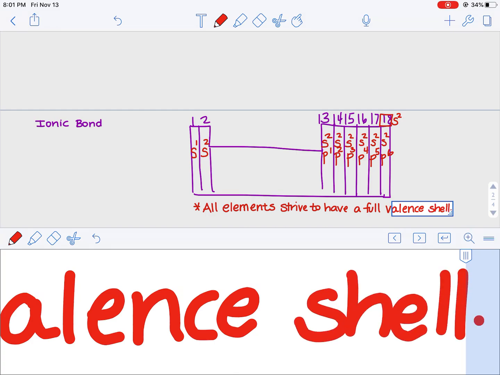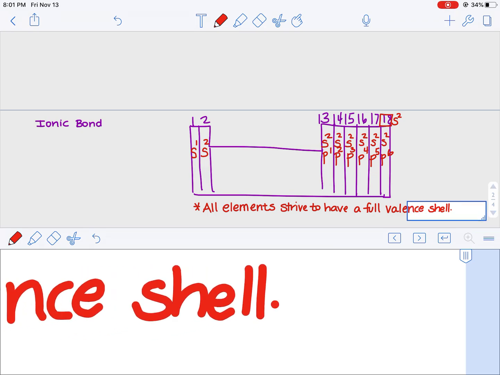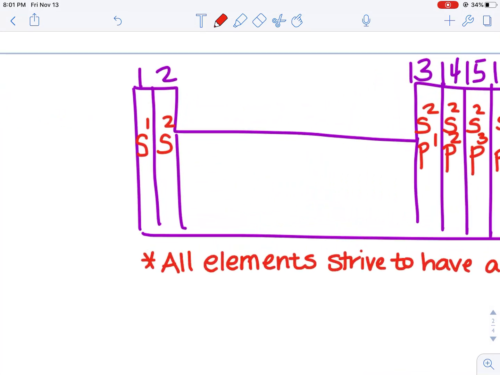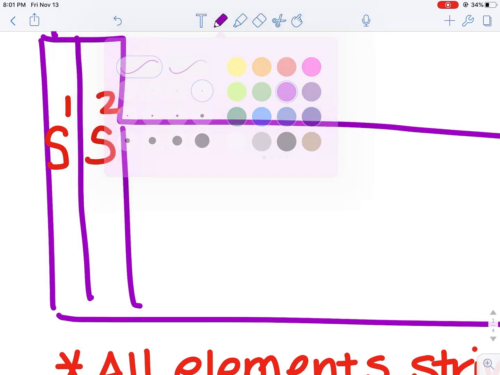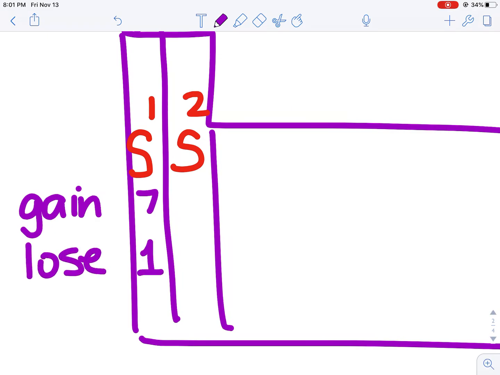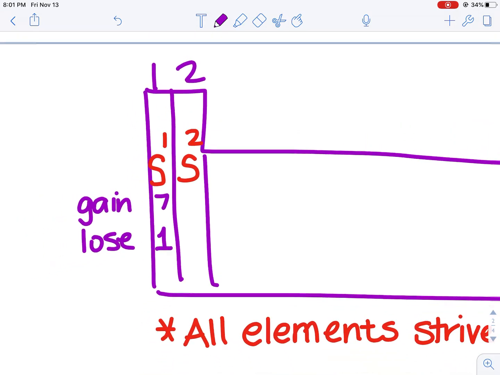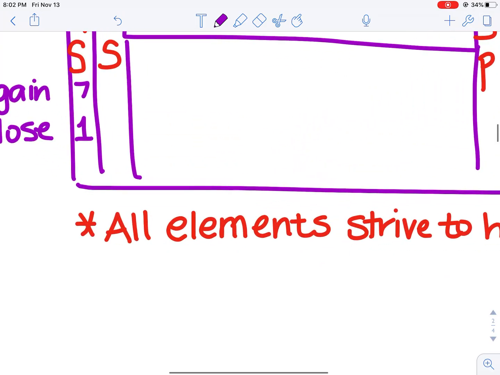Let's say it again. All elements strive to have a full valence shell. So looking at my elements in group 1, they have a choice. They can either gain 7 electrons, or they can lose 1. Which do you think nature's going to prefer? Well, remember we have a guiding principle that nature likes low energy.